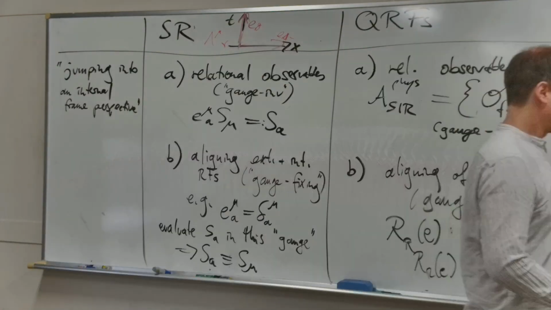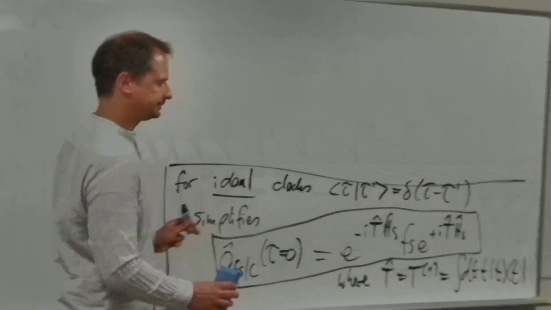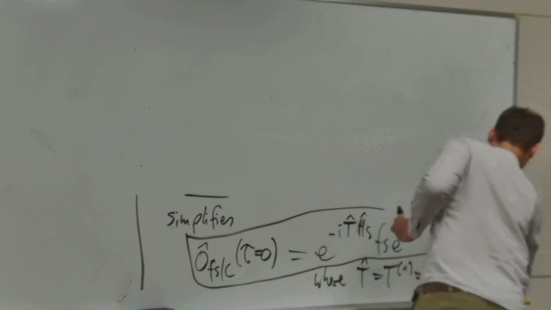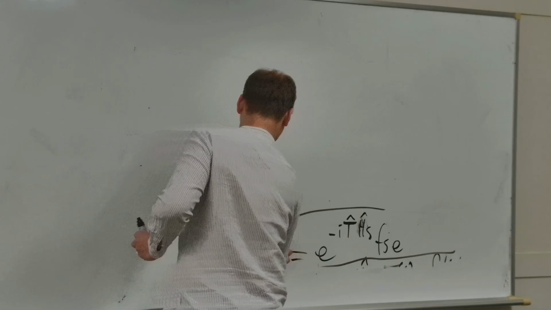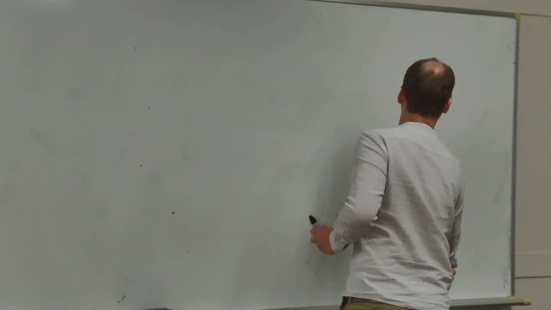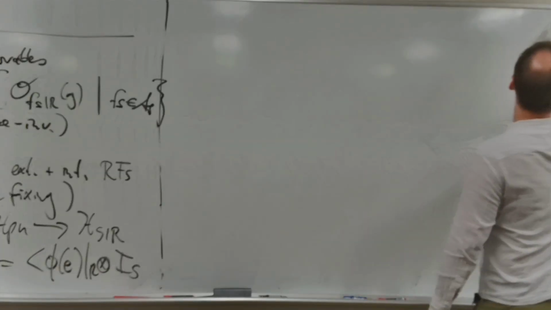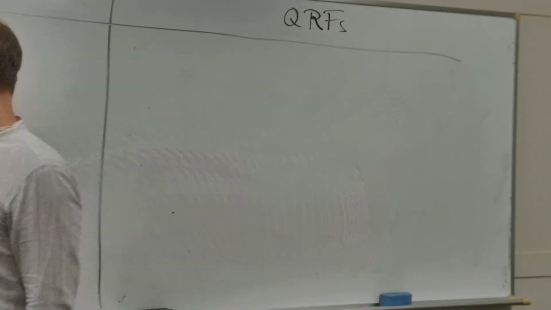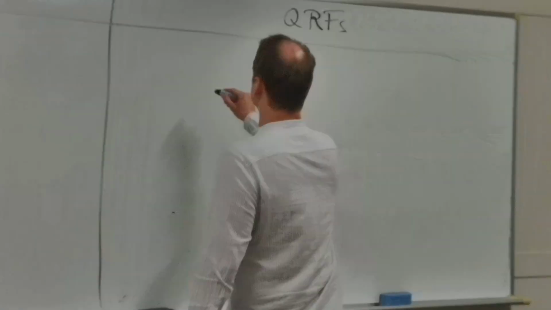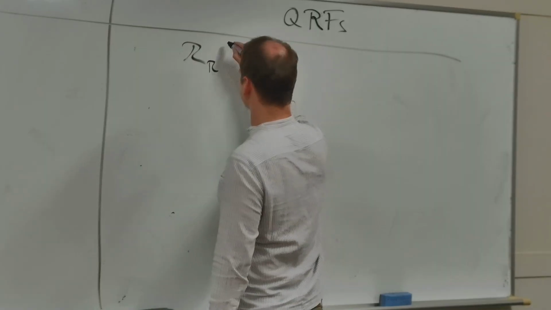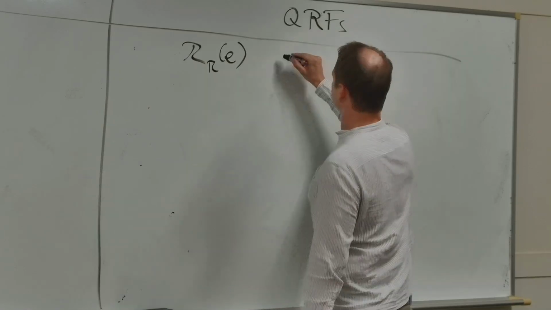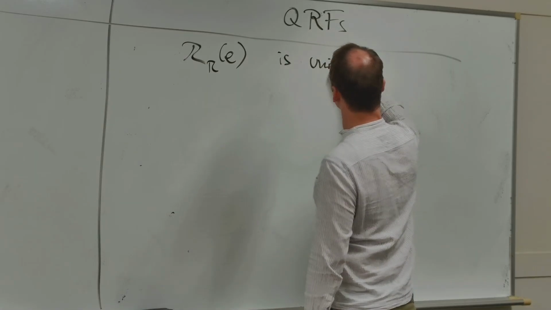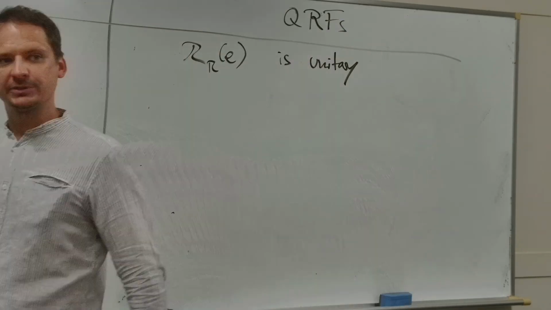And now, crucially, I think I can wipe this out now. I still have S relative to R here. And the crux is, this is not completely obvious from what I'm going to tell you now, this is unitary. So it's an invertible map.